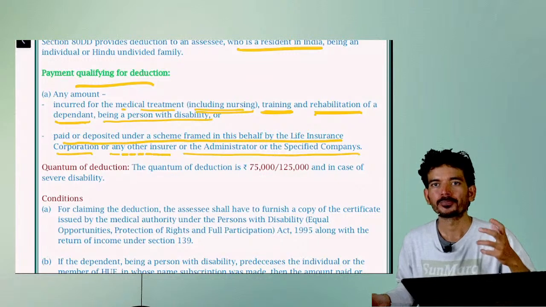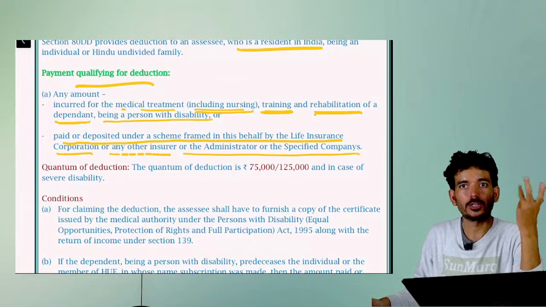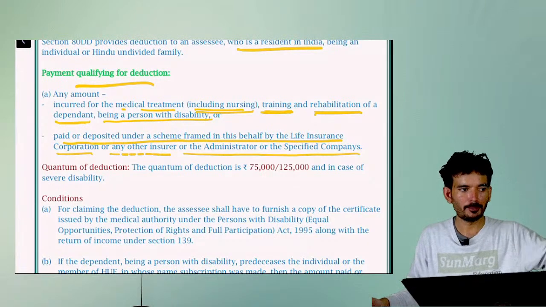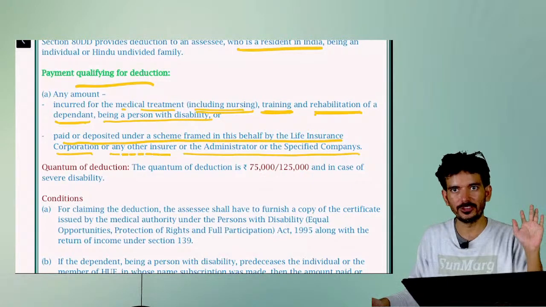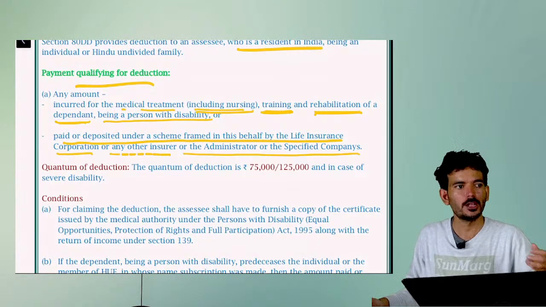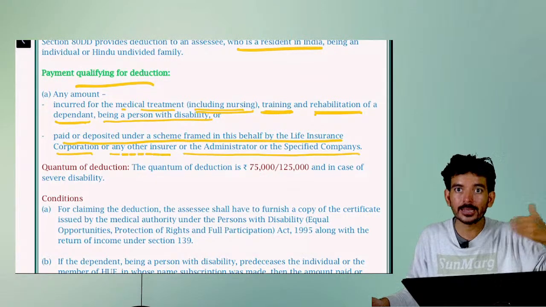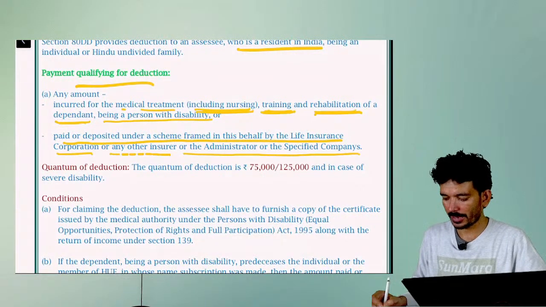Put simply, they are not telling you that you should take an insurance policy only. If there is a disabled dependent and someone is giving you a policy, you take it, well and good. But if there is nobody to give any policy or you don't want to take any policy, you can directly incur the expenditure for nursing, training and rehabilitation.